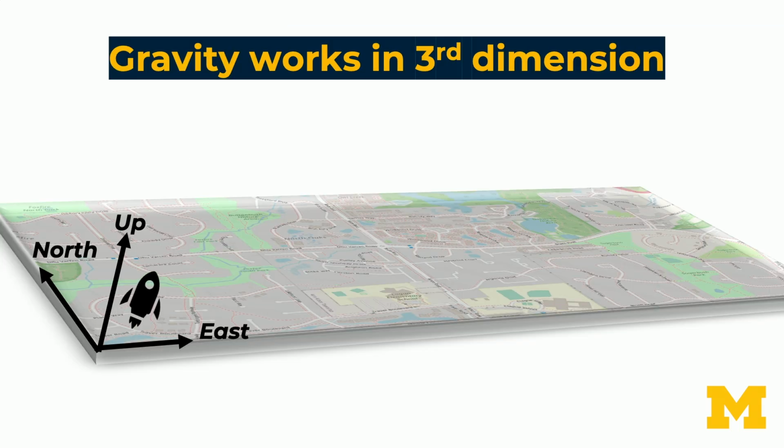And so gravity works in the third dimension, the vertical dimension, and it's completely disconnected from the northward and the eastward direction. And this is a fundamental concept. So in the next lessons, we'll talk about the fact that gravity works in this vertical direction and what effect that actually has on ballistic motion of rockets and stuff like that. So until next time, thank you very much.